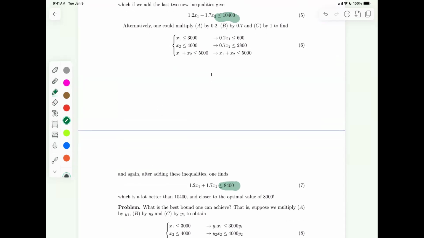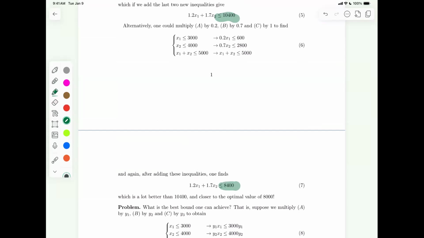So what I'm asking is, can I have chosen different numbers right here to get actually to 8,000? And 8,000, because we know that's the best you can do. For example, you cannot get 7,500. That wouldn't make sense because we know that the max is 8,000. So you cannot go below the max. We're cheating a little bit because we already know the answer, but it's kind of fun to look at it from that perspective.